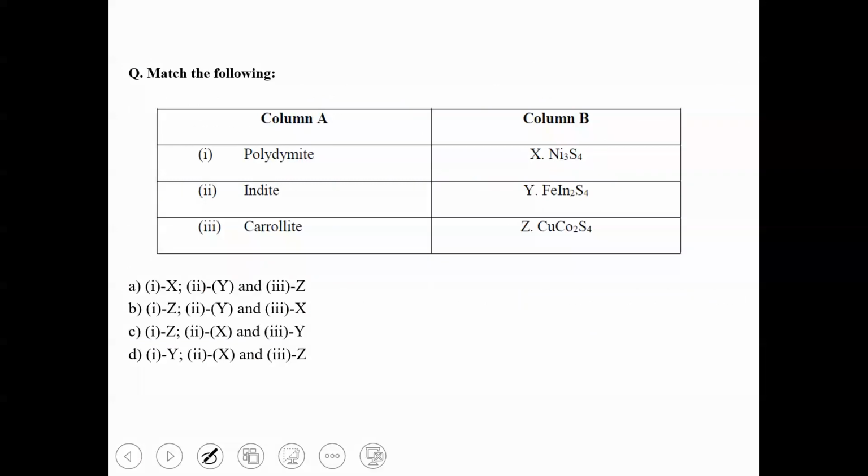Here are some mineral names, and you have to identify the respective formula: polydymite, indite, and carrollite. Okay. So these are the formulas and names you have to remember. All are thiospinels. Okay. So if anybody has remembered, please tell me the answer.